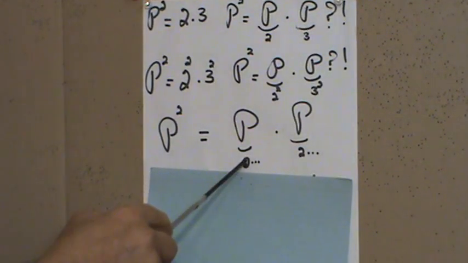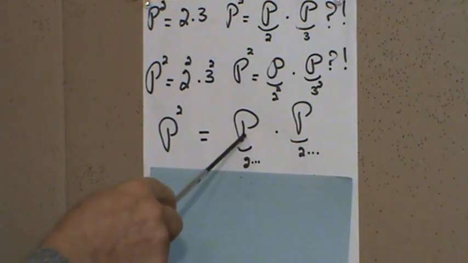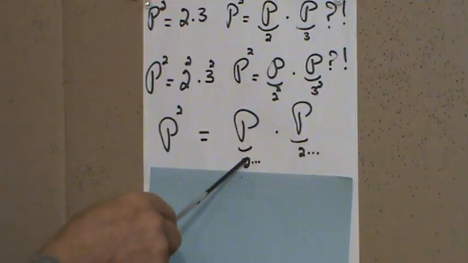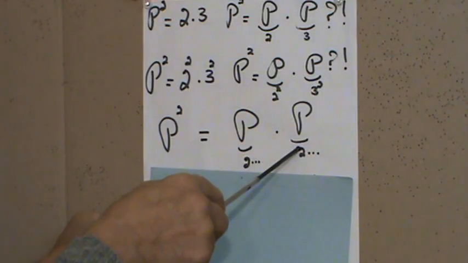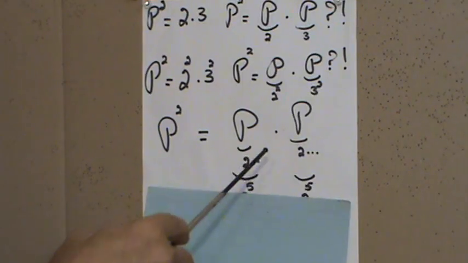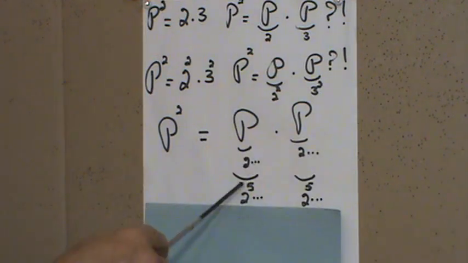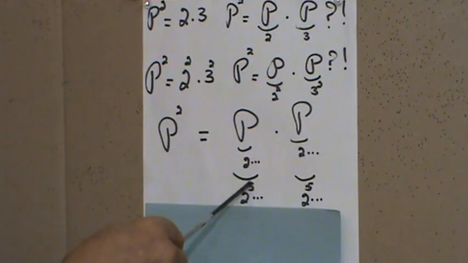Now here it is. If one of the p's has 2 factors of 2 in its prime factorization, the other one also has 2 factors of 2, so there are an even number of them, 2 and 2. You see that? If one of them has 2 to the 5 factors of 2, it doesn't matter what other numbers are coming after that, they are all natural numbers multiplied by 2 to the 5.